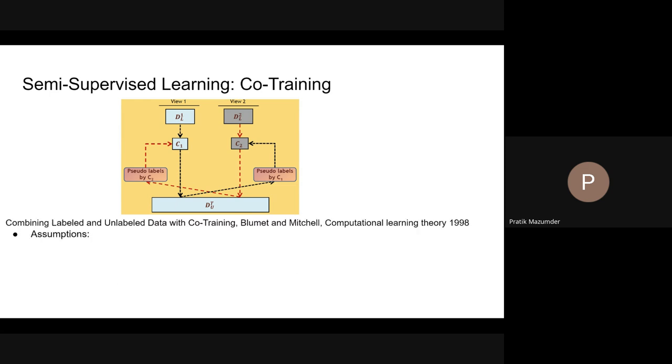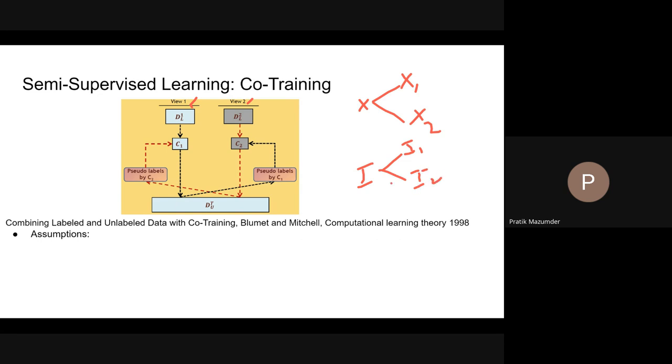Okay. Before we start, the co-training approach has some assumptions. First of all, if you look at the diagram, you can see something known as V1 and V2. It's nothing but that every single instance in your data will be considered to have two different views. We'll come to how to get different views, but the general idea is that if I give you an image, I can apply different augmentation or transformation techniques to create two versions of the same image.